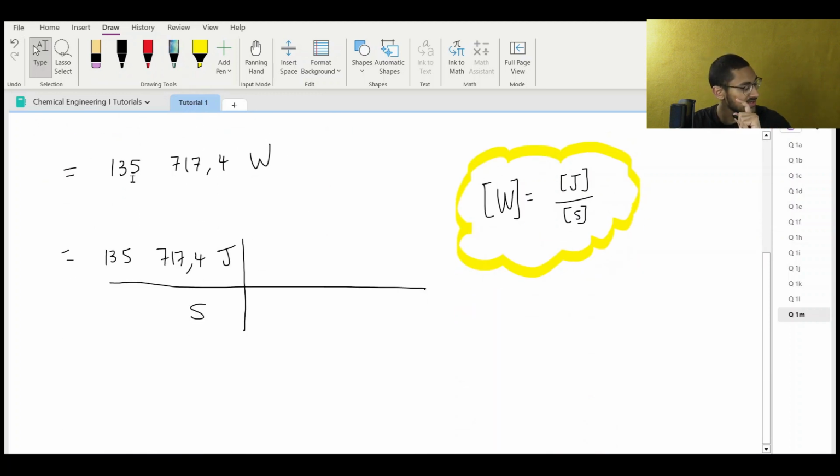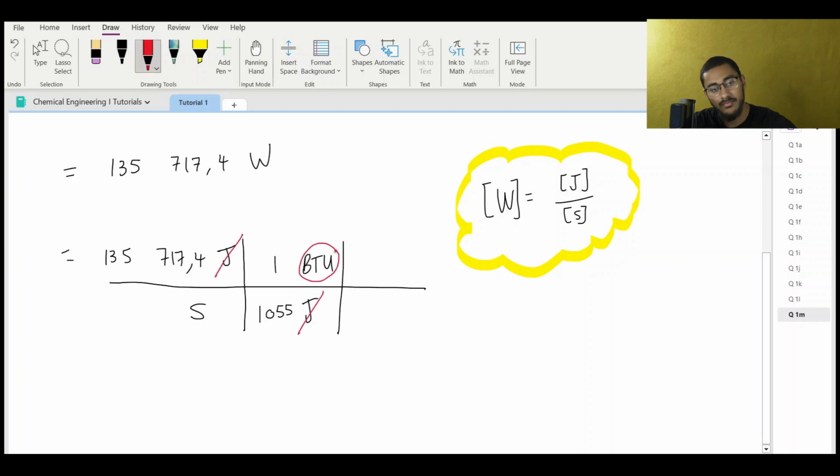So if I go to my data sheet and I look for joules, I know that I can get joules at the bottom to cancel, and I can get BTUs at the top. So remember that on the data sheet, 1 BTU, and I'm also checking my data sheet, is 1055 joules. All right, so joules cancels with joules, and I'm left with BTU.